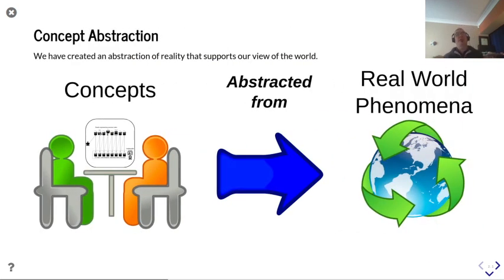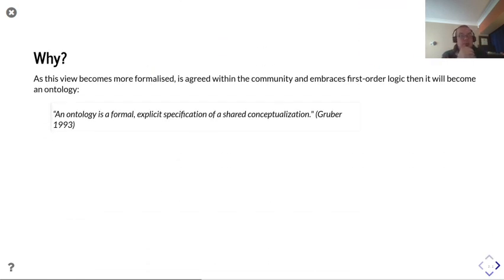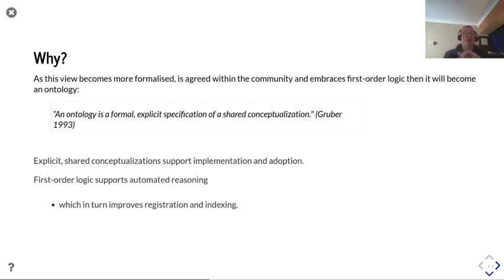So what we've done here is we've created this abstraction of reality that supports our view of the world. So why have we done this? Well, as this view becomes more formalised and is agreed within the community, we can start to model it more effectively, add in, for example, first order logic. And at this stage it starts to become an ontology, and so I'll go back to Gruber's classic 93 definition, which is an ontology is a formal, explicit specification of a shared conceptualization.